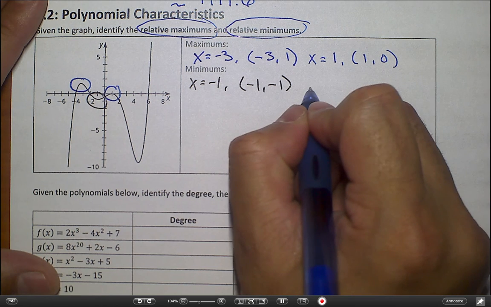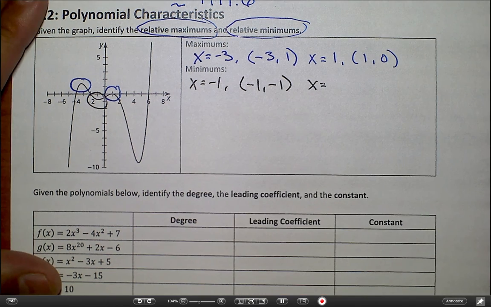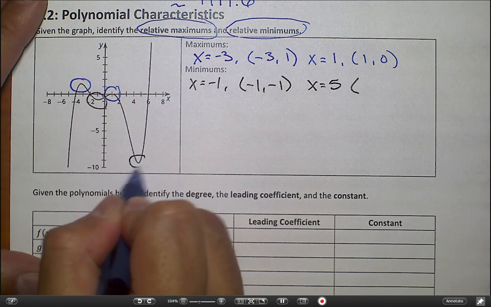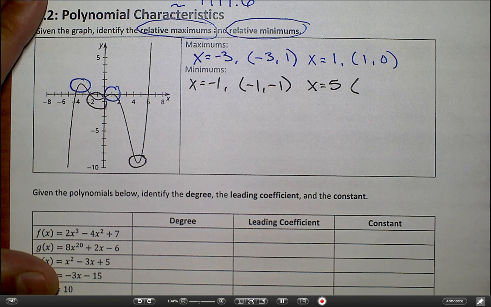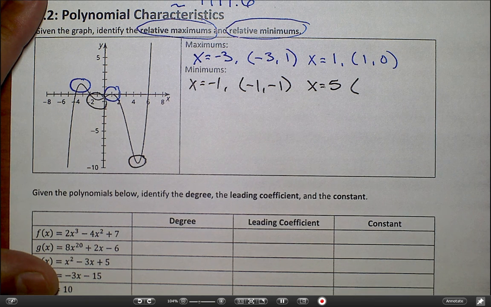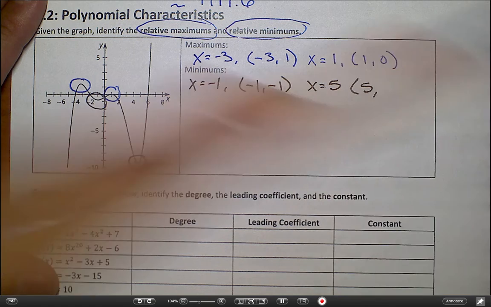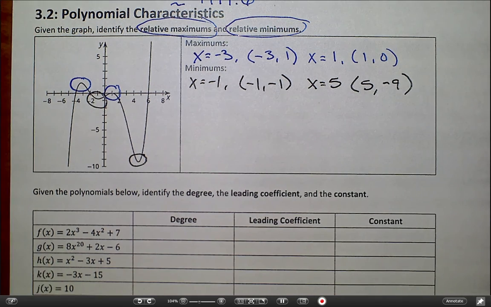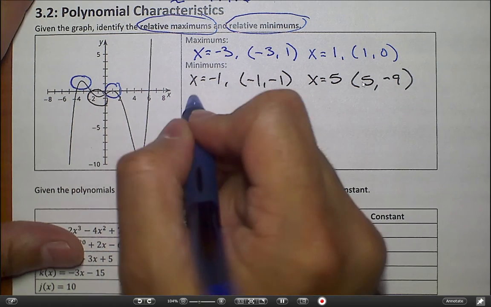And I have another one at x equals, let's say 5, because that's going to be this one down here. That is a relative minimum over this interval. So my point is 5, comma negative 9. Make sense? Okay, good.